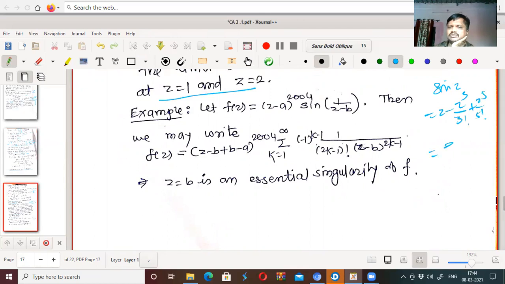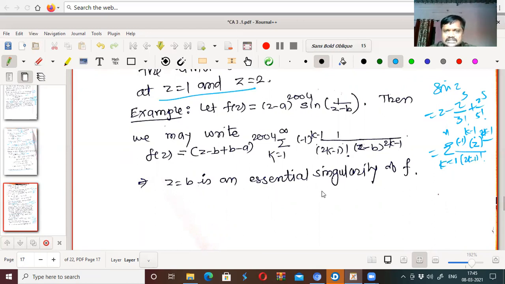It is the summation from k equal to 1 to n of minus 1 raised to k minus 1 divided by 2k minus 1 factorial, z to the power 2k minus 1. Only odd powers of z are there. So sine of 1 upon z minus b is, in this way, minus 1 to the power k plus 1, 1 upon 2k minus 1 factorial, z minus b to the power 2k minus 1.